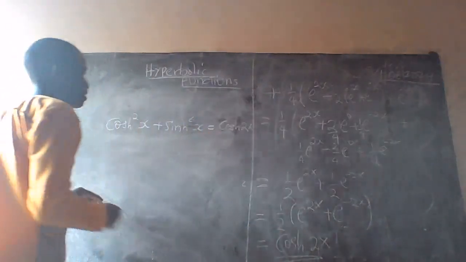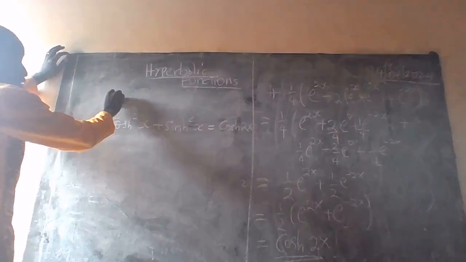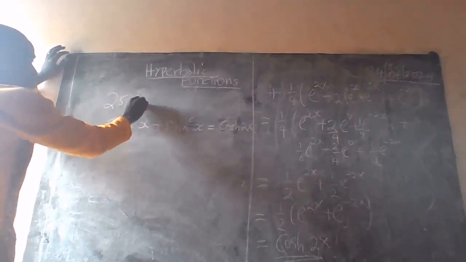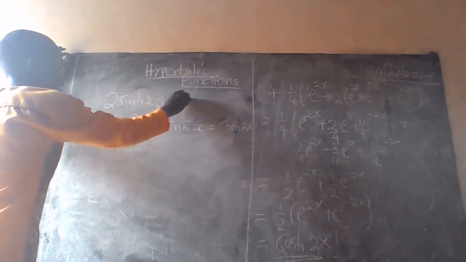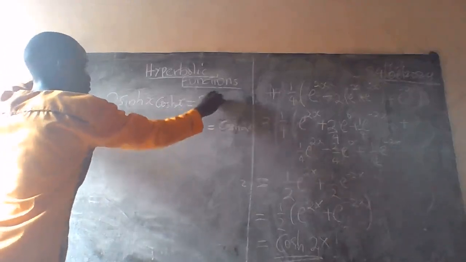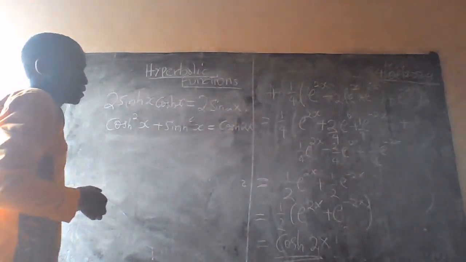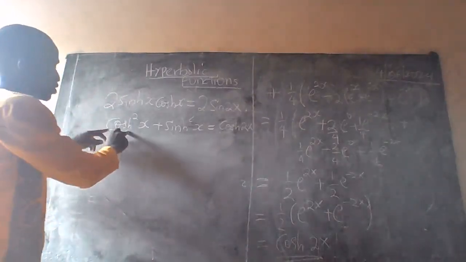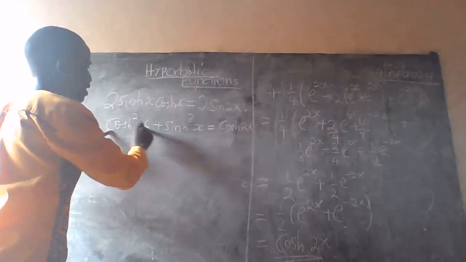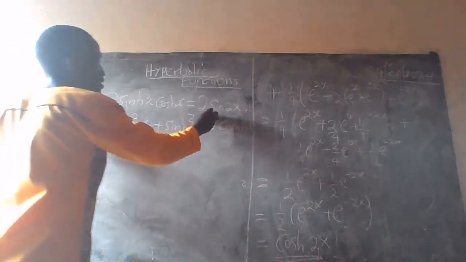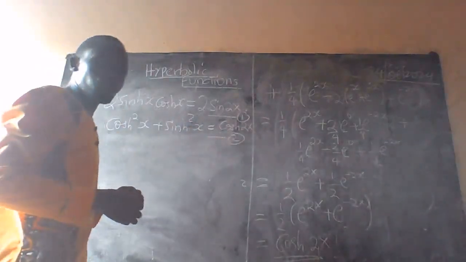So as you can see, our first hyperbolic identity has been 2 sine x cos x is equal to sine 2x, and cos squared x plus sine squared x. This gives us our first identity. This gives us our second identity as we move forward.